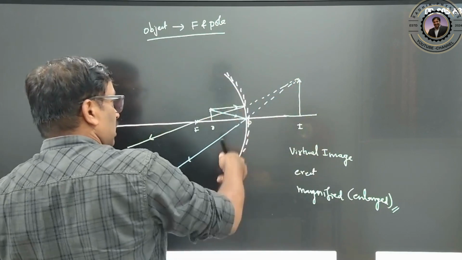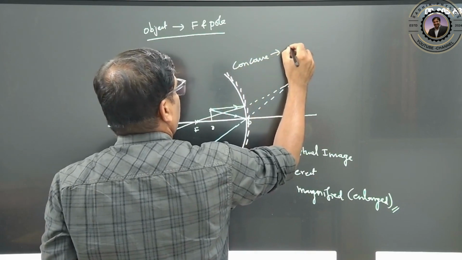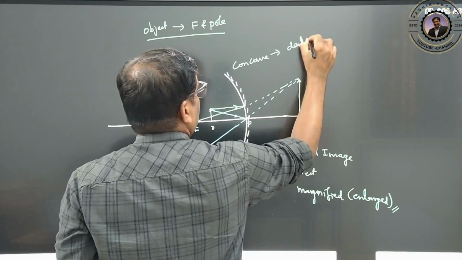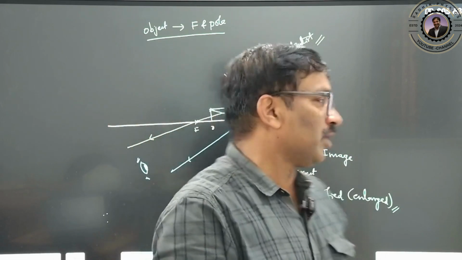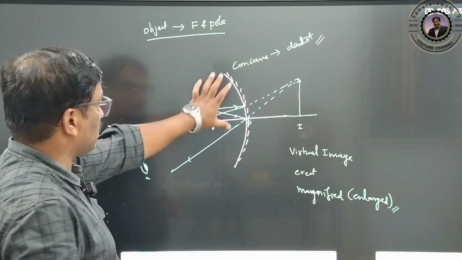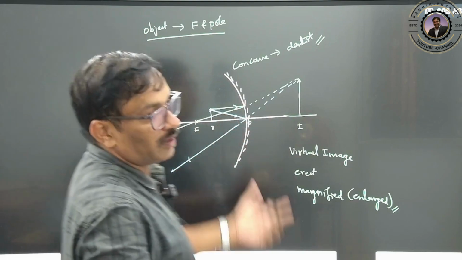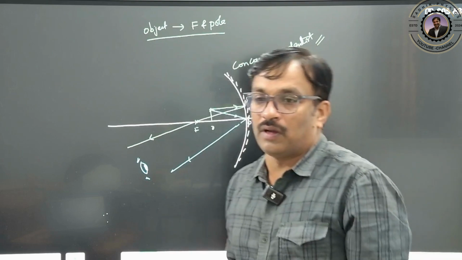That's why this concave mirror is used by dentists to see a magnified image. This is the position where the object should be kept, in between the focus and the pole of this mirror.